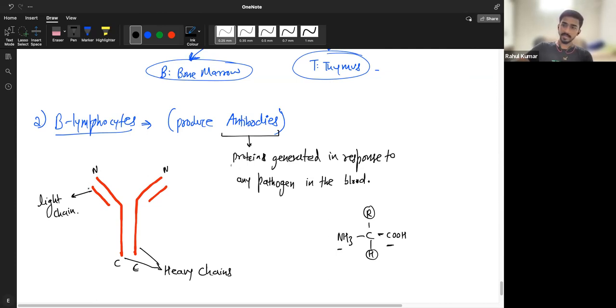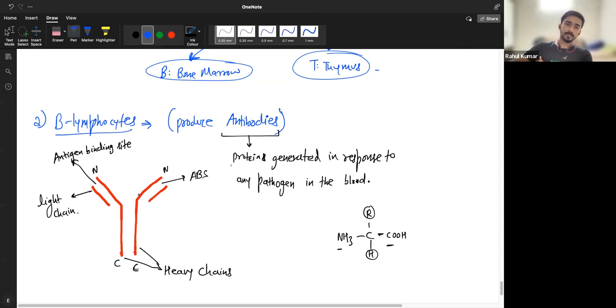And towards the N terminal, this region is the antigen binding site. So this will also be ABS, antigen binding site.